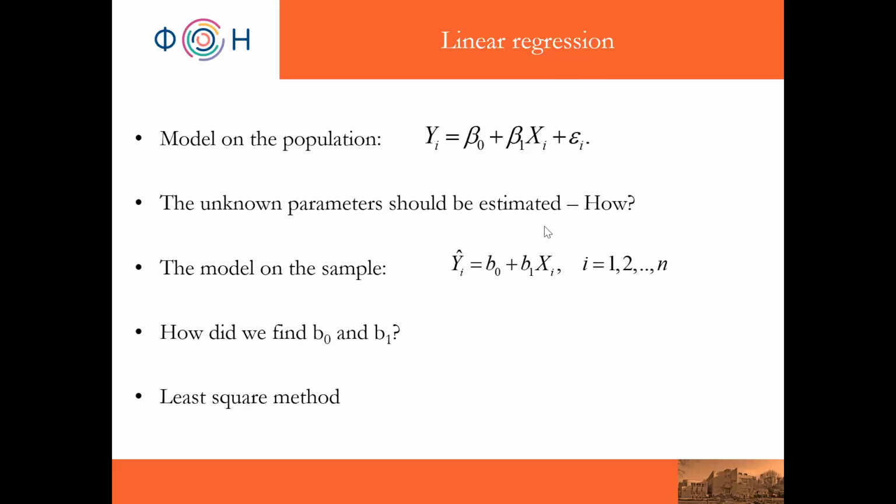So the formula of our model on the sample in the case of simple linear regression is going to be a line. The next question which occurs is, how do we find these two unknown parameters? How do we come up with b0 and b1?